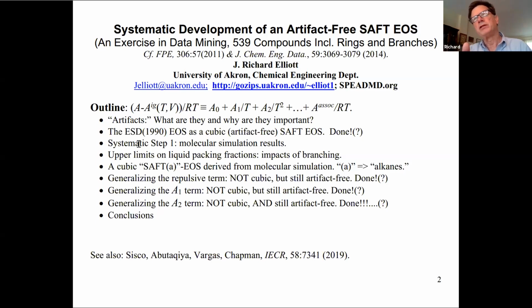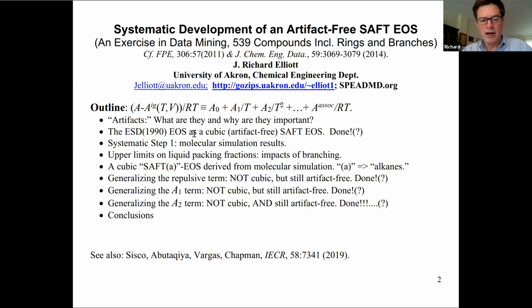And so I wanted to leverage that theory. But I wanted to keep the equation of state cubic because my perspective was, it looks like industry only cares about cubic equations, but we can still have the cubic equation be fairly realistic in terms of the qualitative representation of what's really going on in terms of molecular simulation.